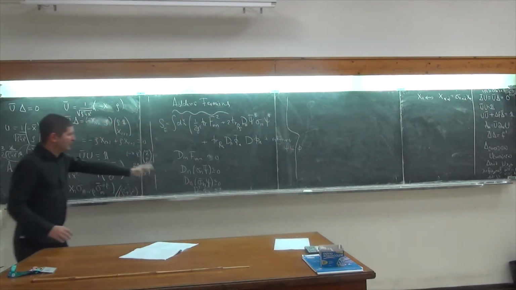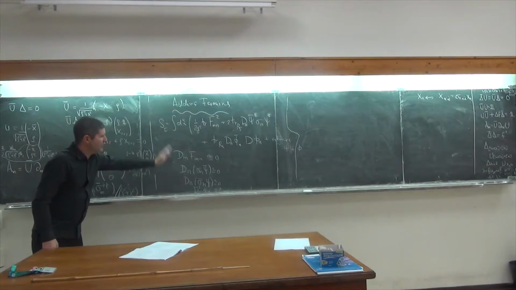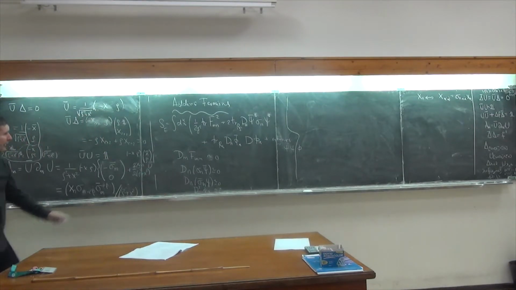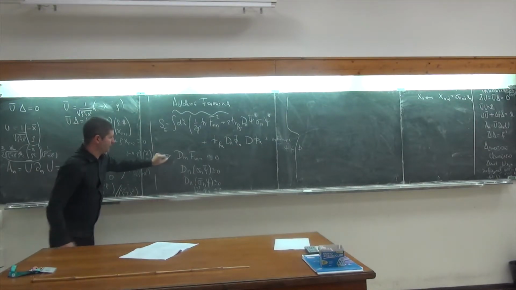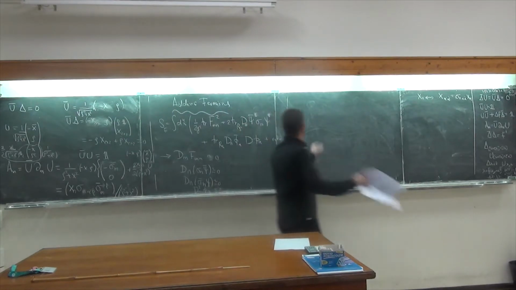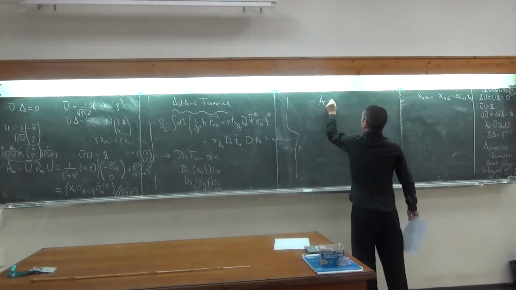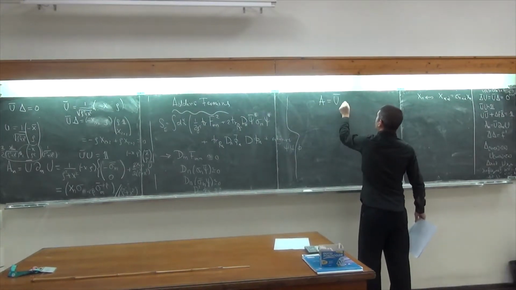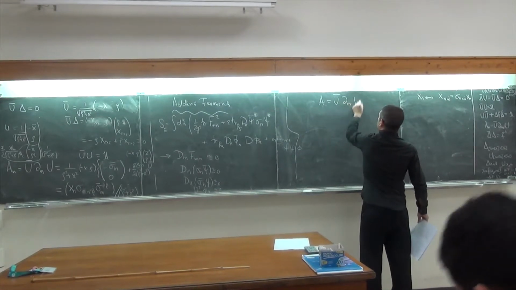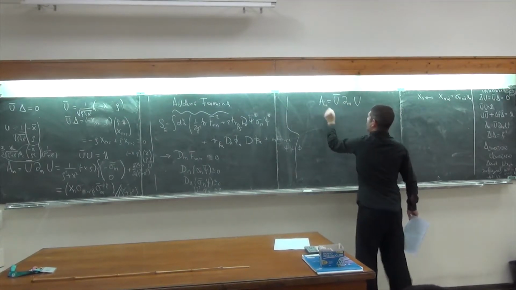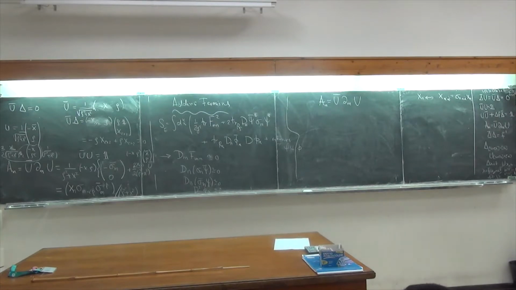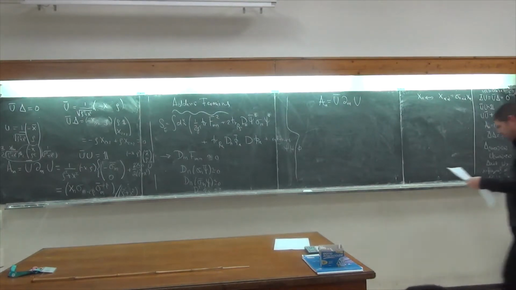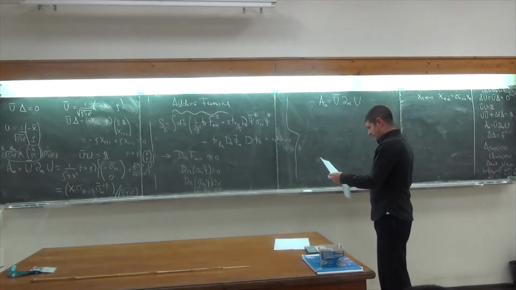Okay, then what I want is to solve now in general these equations. The first one we already solved. You already saw that A can be solved as U bar dU.